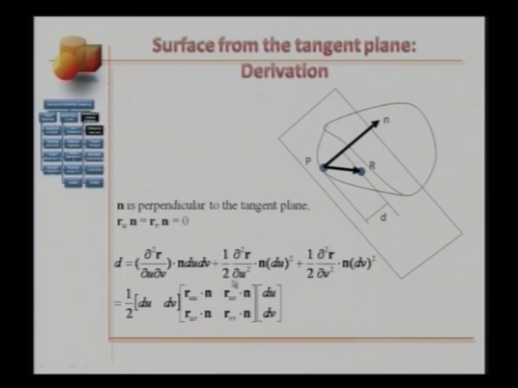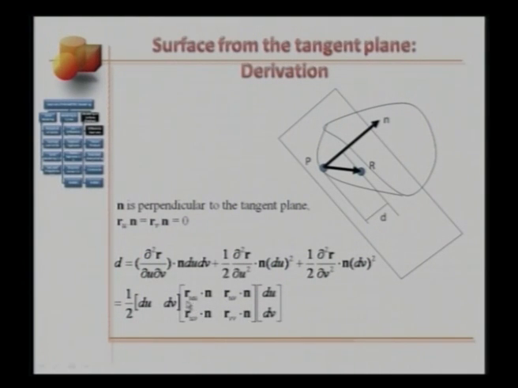And we can express this right hand side in the matrix form as half of this row vector du dv times some matrix, we'll come to that in a while, times the column vector du dv. Coming back to this 2 by 2 matrix, the constituents are r uu dotted with n, r uv dotted with n, r uv dotted with n, r vv dotted with n.